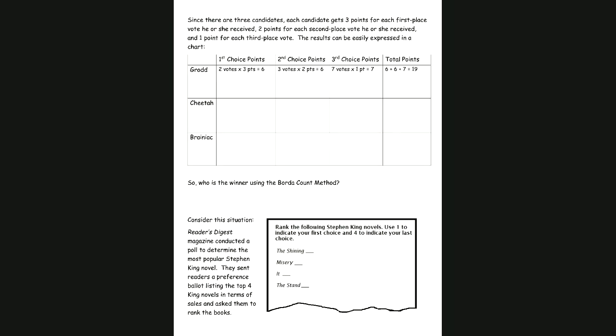So, since there are 3 candidates, each candidate gets 3 points for each first place vote he or she received, 2 points for each second place vote, and 1 point for each third place vote. So the results can easily be expressed in a chart. And so I've done Grodd for us. We'll do Cheetah and Brainiac.